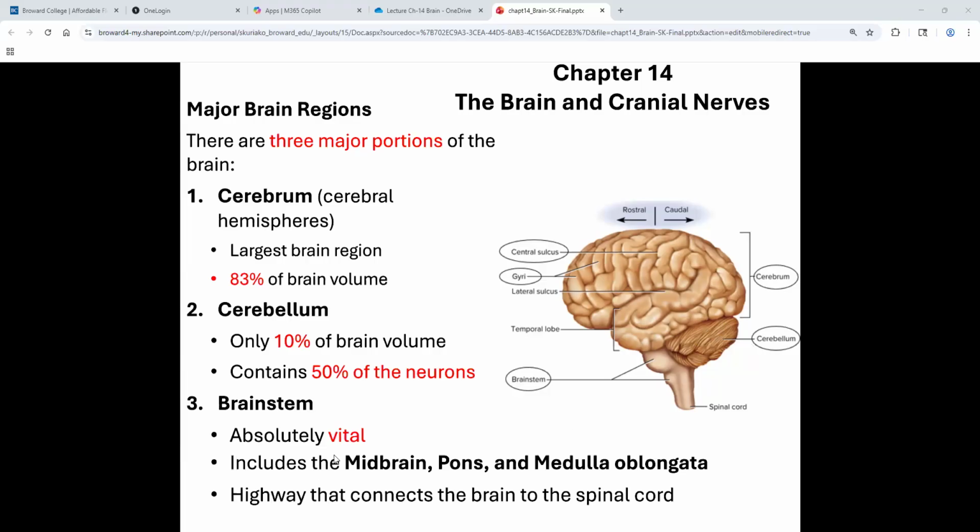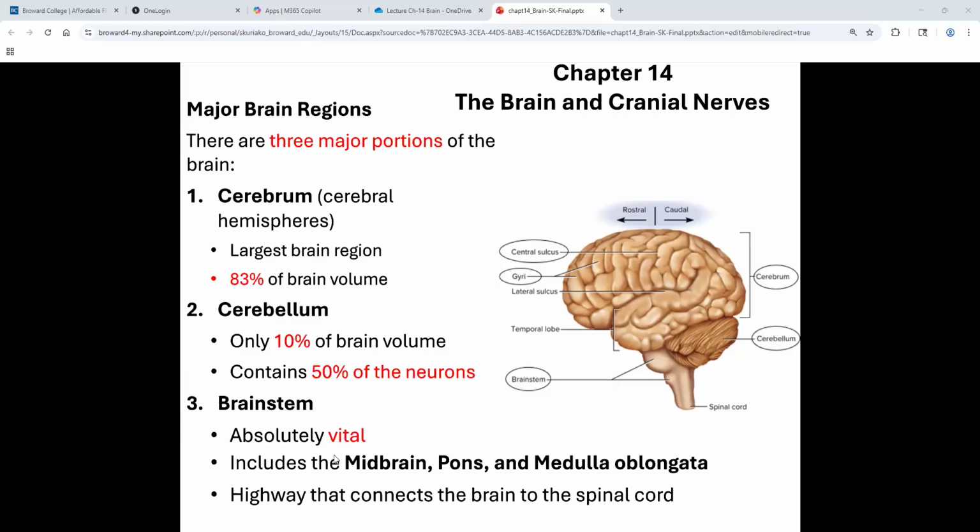Then you have the brainstem. Brainstem is very, very important. Why? Because that's where all the vital centers of the body are. So when you say vital centers, what do you mean by vital centers? We have centers for respiration, heartbeat. All these are centers in the brain which control vital functions.